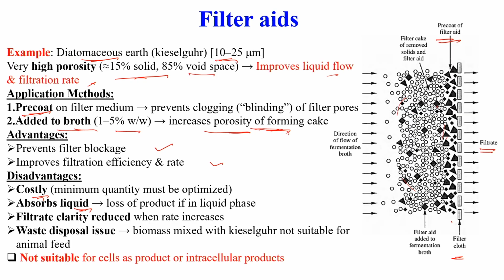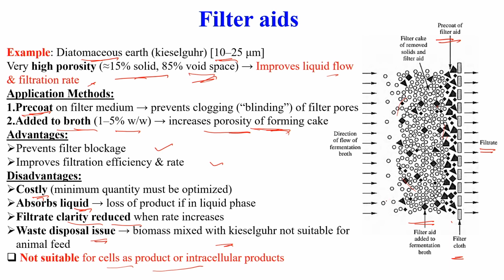It also absorbs the liquid because it is 85% porous, and many times you need a clear filtrate. So, the color of this diatomaceous earth may come into the liquid phase, and further there is a challenge of waste disposal, because this diatomaceous earth is now mixed with the biomass.